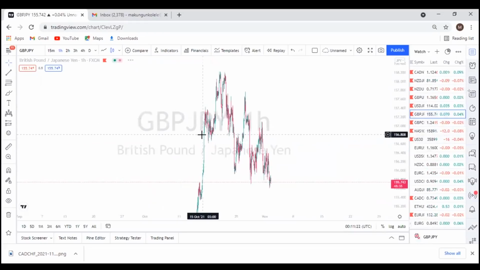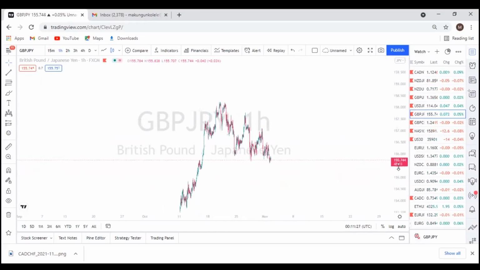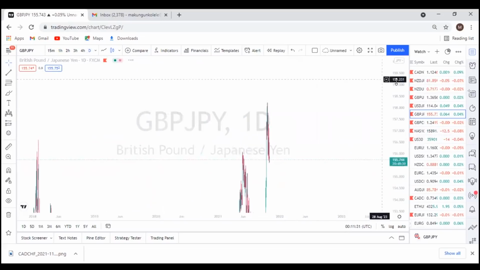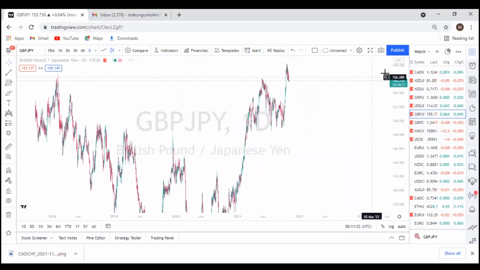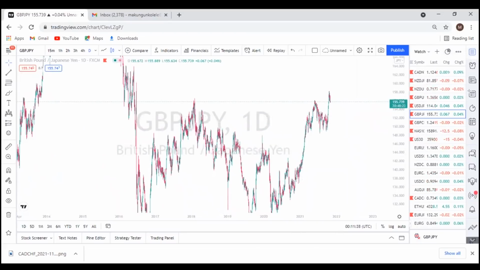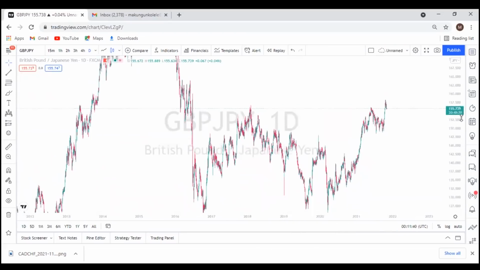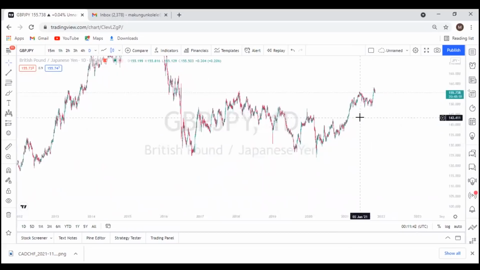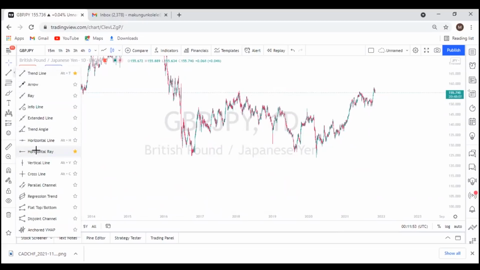Moving on to British pound against Japanese yen. So we're gonna start from the daily. Let's have a look. So this is what we have.